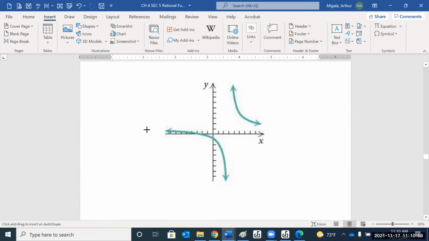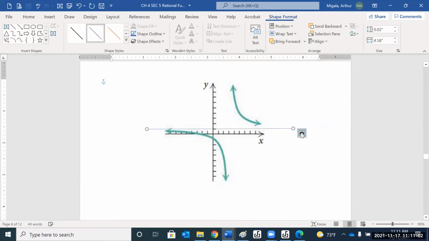The horizontal asymptote was at 1. The line's not going to cross that. And the vertical asymptote was at 3. So again, to figure out where the graph's going to be, just plot some points.